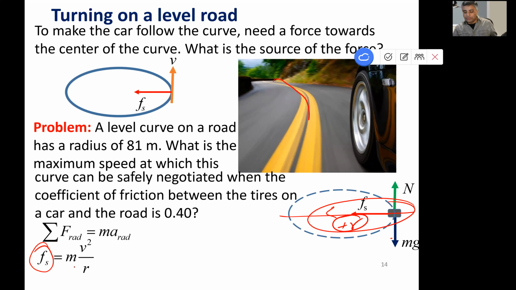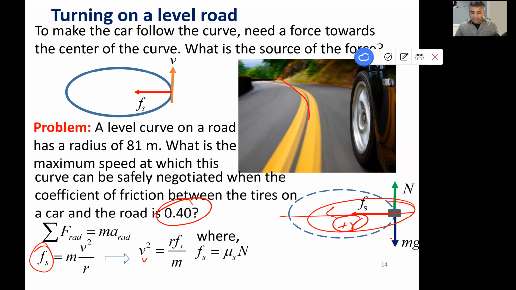So now again we need friction force from the friction coefficient. Before we do that, we can solve for V first because we are looking for V, right? And replace Fs by mu s times n.